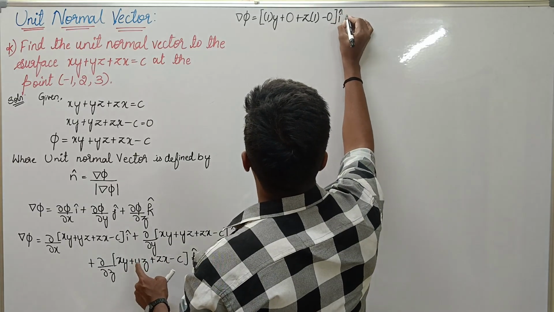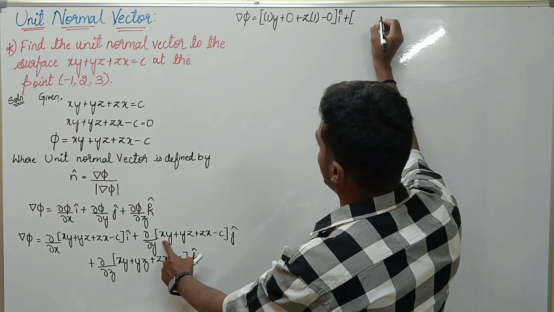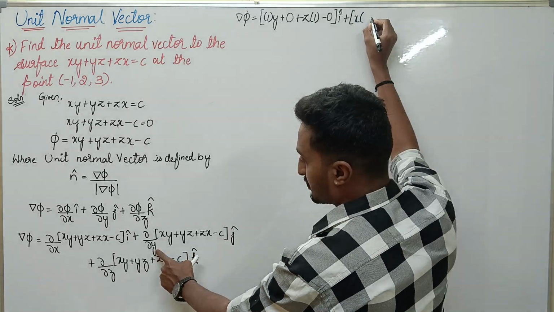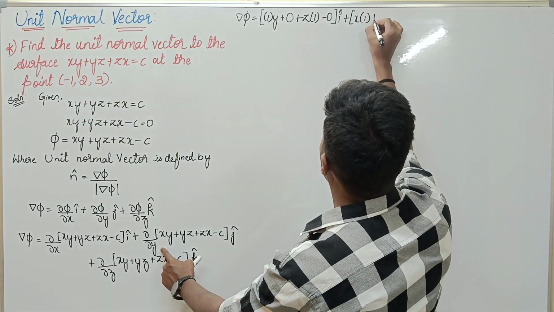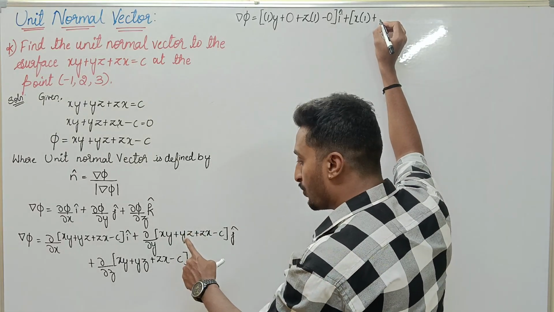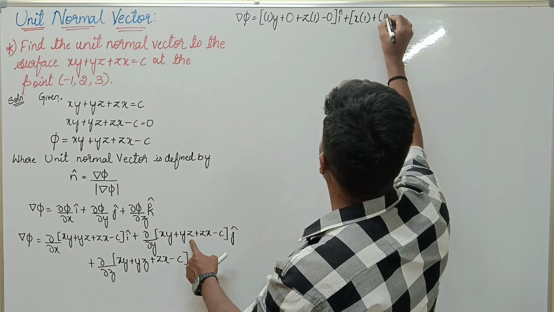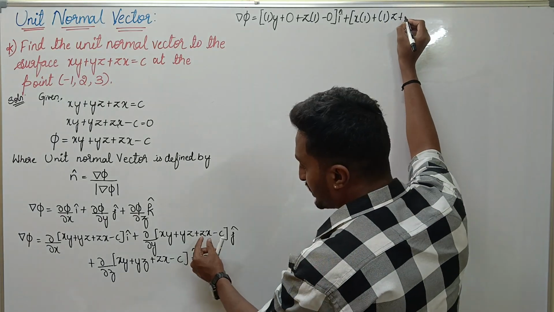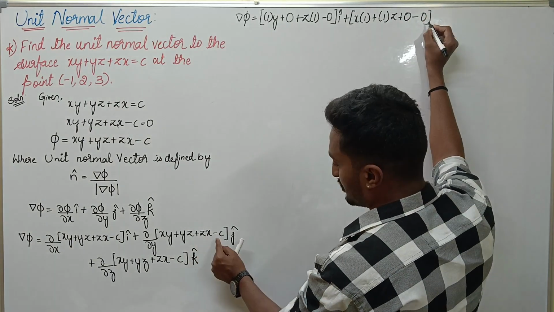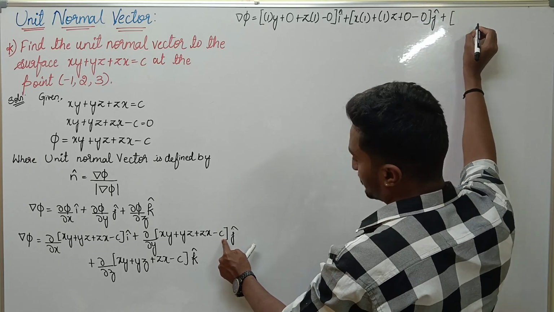That gives the i cap component. Similarly with respect to y: in the first term x remains constant and differentiation of y is 1, giving x. In the second term, yz, differentiation of y is 1 and z remains constant, giving z. The third term has no y, so it becomes 0, and the constant term is also 0. That gives the j cap component.